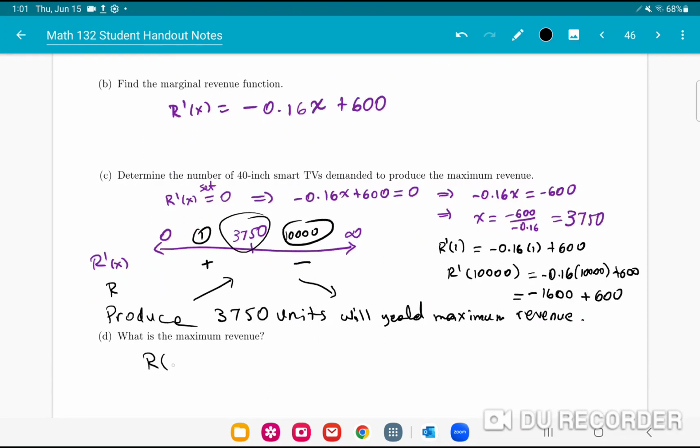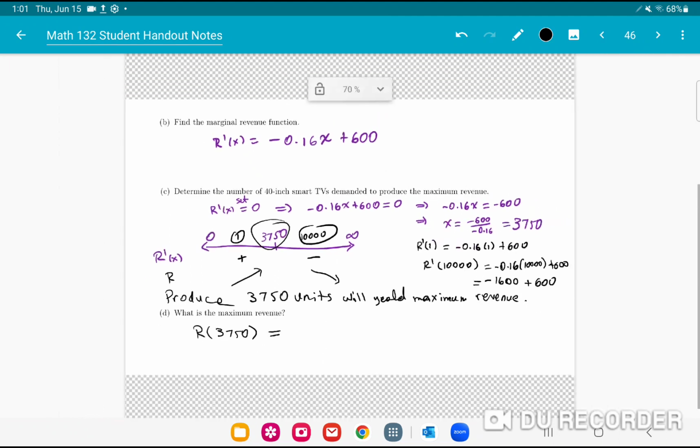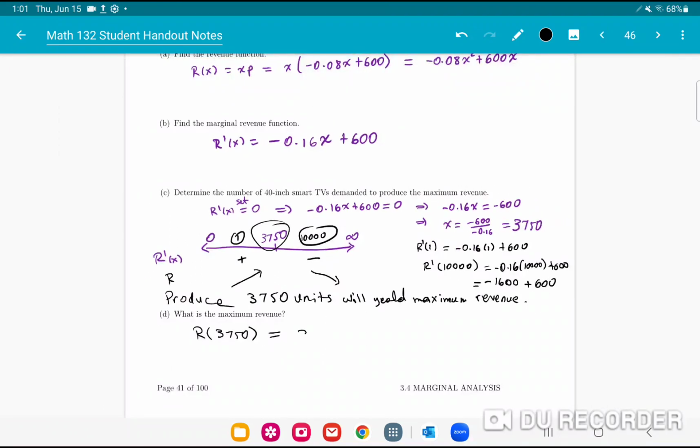We're going to put 3,750 into the revenue function. That would be 3,750 times negative 0.08 times 3,750, or maybe I'll use this revenue function instead of this one.